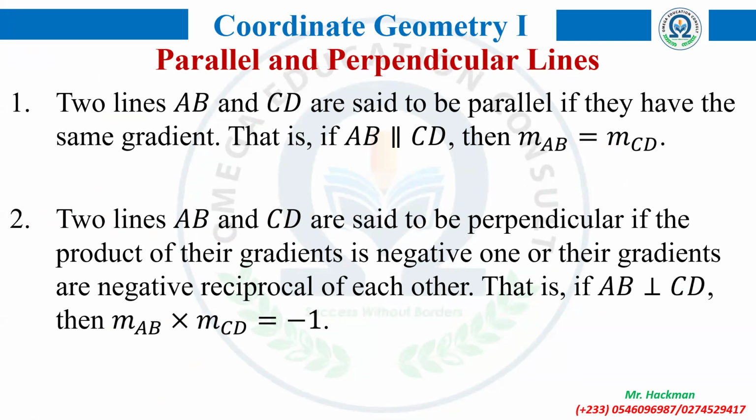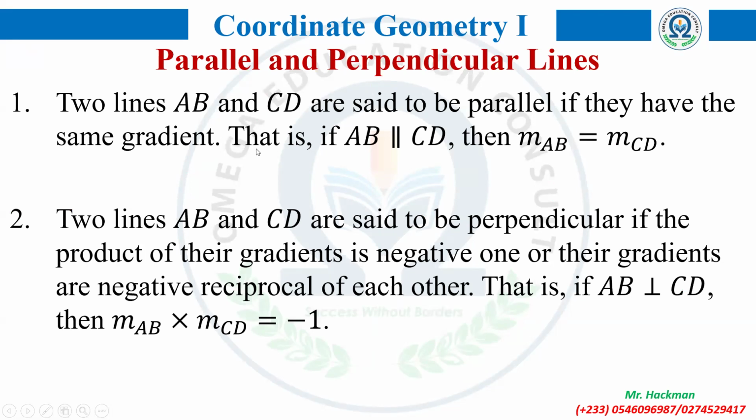I think I mentioned this before. This is also a concept from JHS, so I'm only going to read what you have there, which definitely will ring a bell. So quickly, two lines AB and CD are said to be parallel if they have the same gradients.